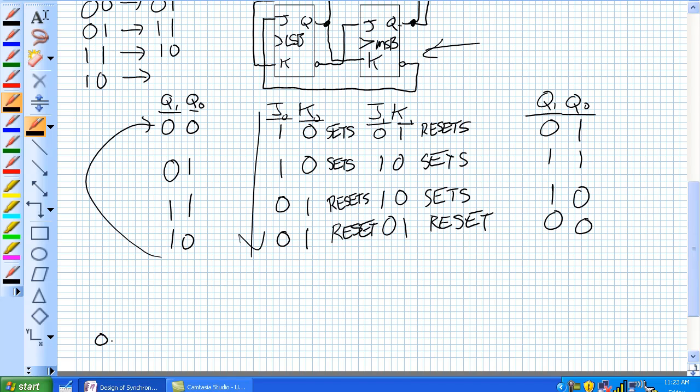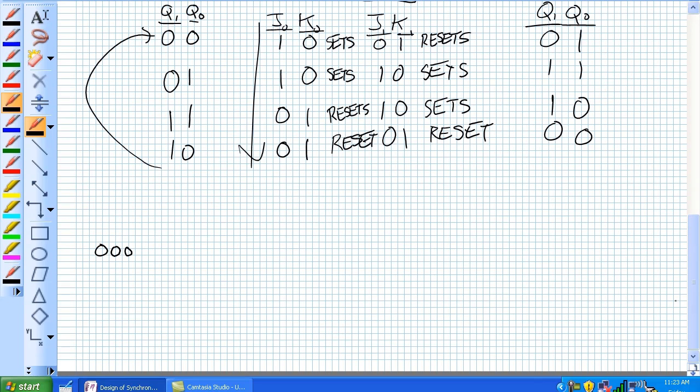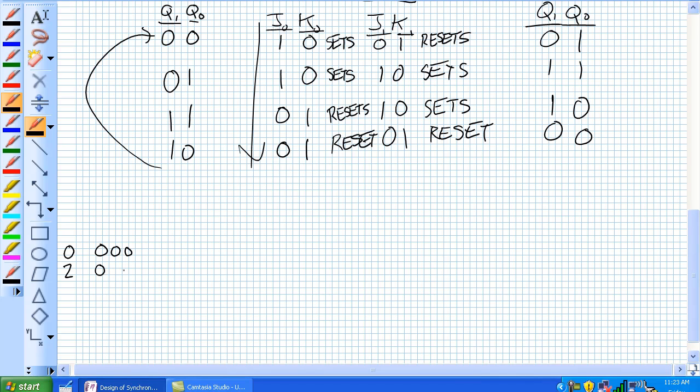So our states are 0, 0, 0, because that's 0. Let me put that on this side. Then we want it to go to 2. Then we want it to go to 4. Then we want it to go to 6. Then we want it to recycle. Okay?